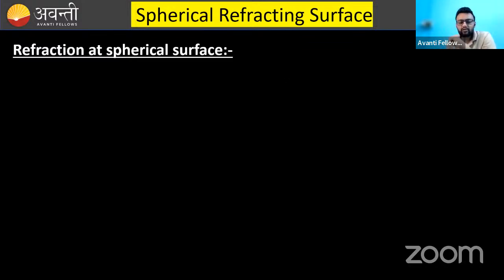One is concave, another is convex. Let's suppose this is a spherical surface. This surface is divided by two different mediums. Let's suppose this is mu1, this is mu2. Clear? And out of this, what's given is mu1 is less than mu2.